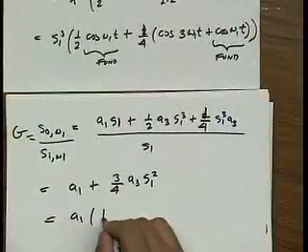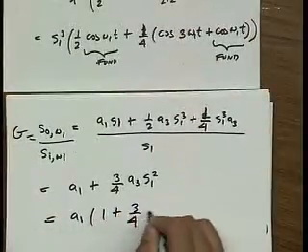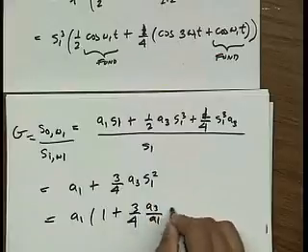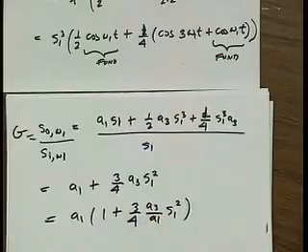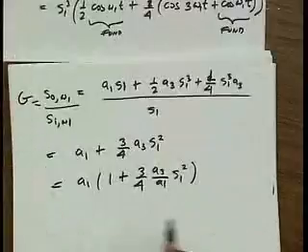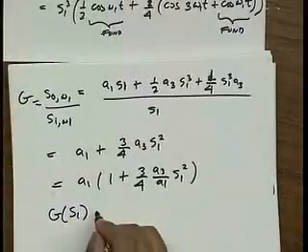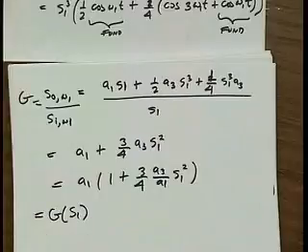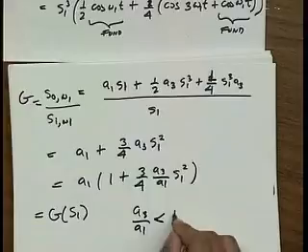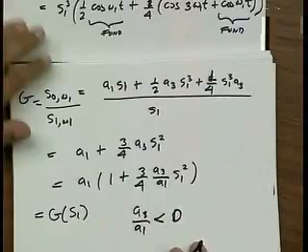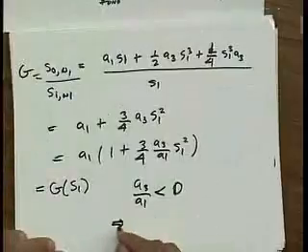So this is 1 plus 3/4 A3 over A1 S1 squared. So now we see that the gain is a function of S1. And if A3 over A1 is less than 0, then we have compression.